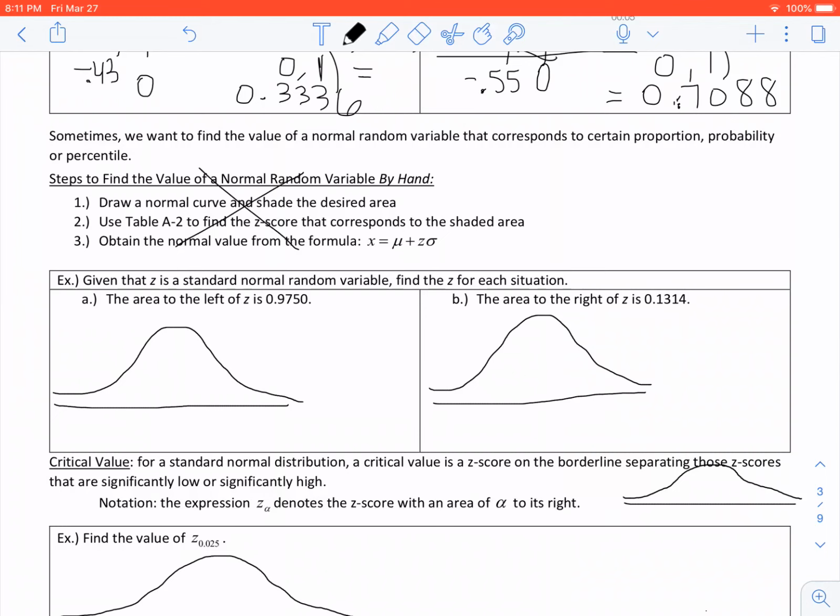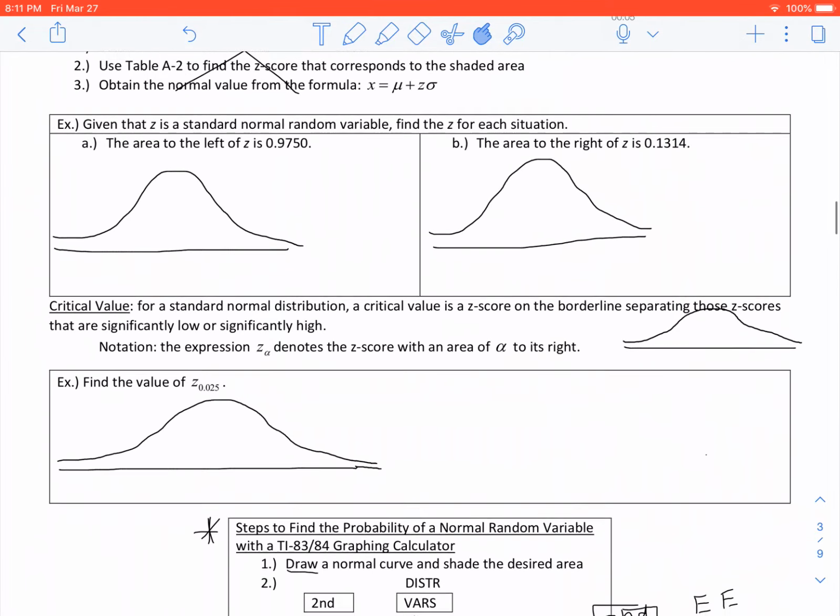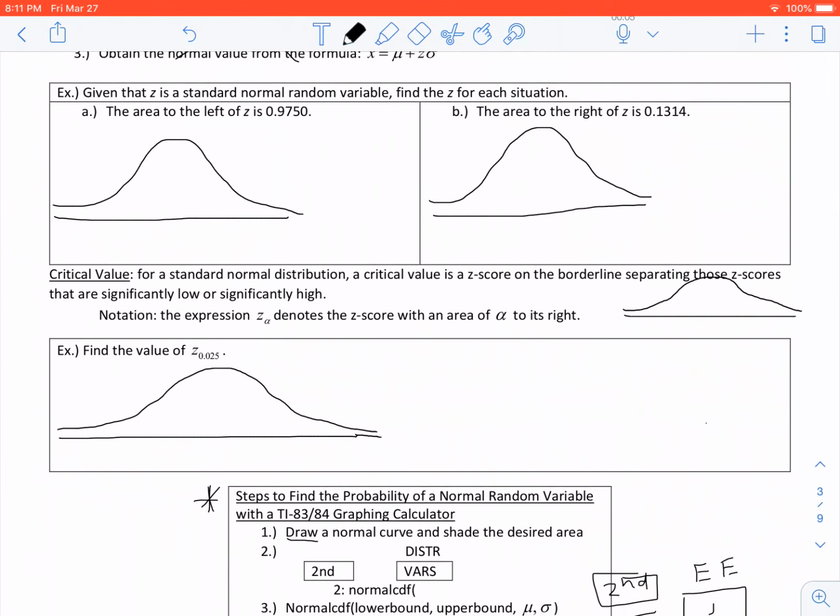Now really quick, remember that the area underneath any normal curve, and this one's a standard normal curve, has area 1 underneath the curve. And also with the standard normal random variable, the mean in the middle is just 0.